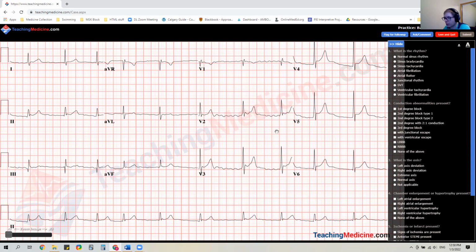No Qs. ST. ST elevation in V5 and V6. T's normal. Okay, inferior Q, 1 there, not there, so it's not reciprocal. There's not 2, so it's not a Q to be concerned about.